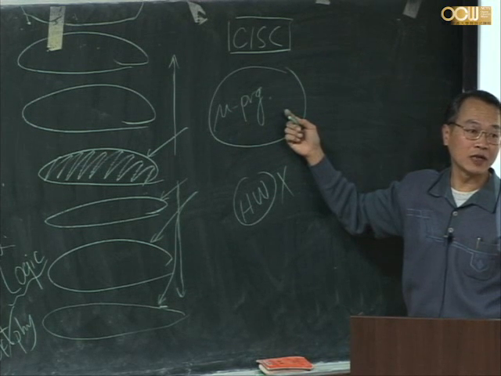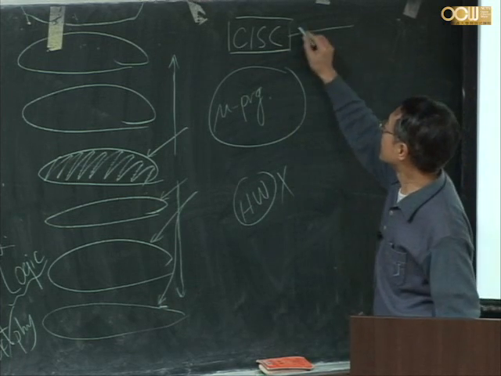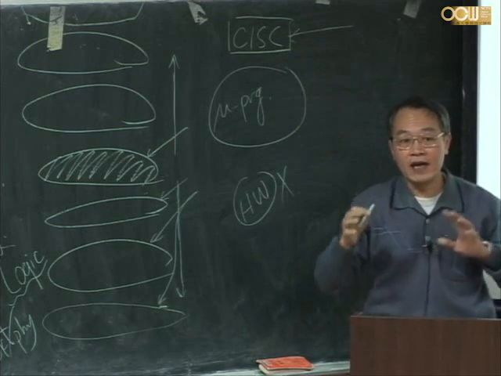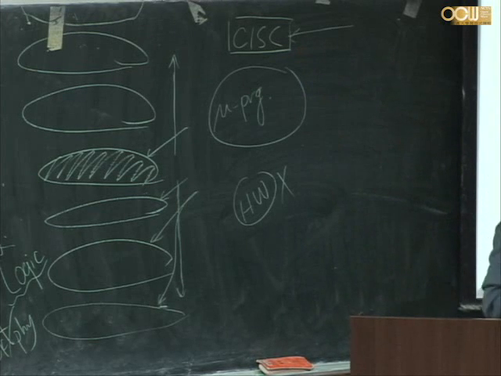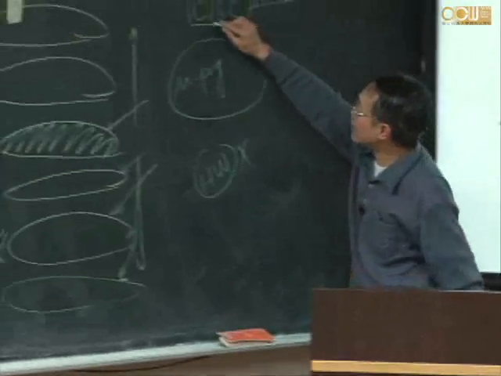Timing wasn't a big issue at that time. So the instruction set becomes very, very complex. Many fabulous instructions, complex instructions, irregular instructions have been added in. Okay, and this instruction does not face the hardware directly.